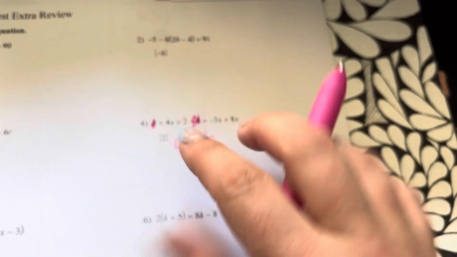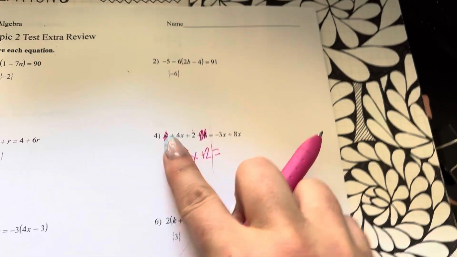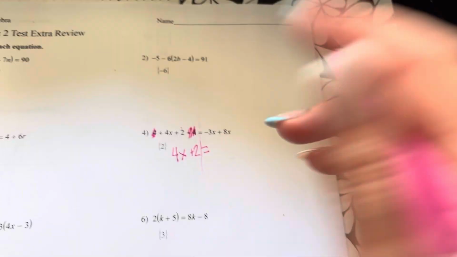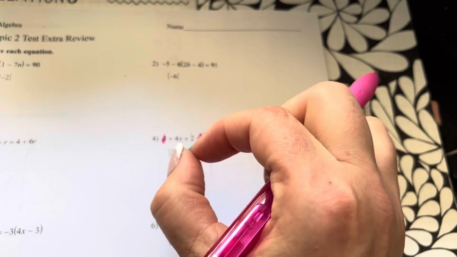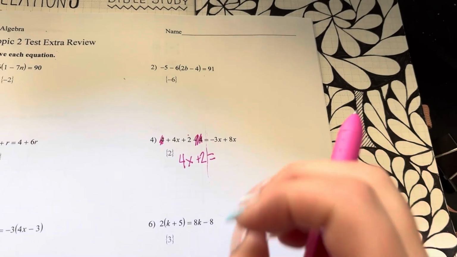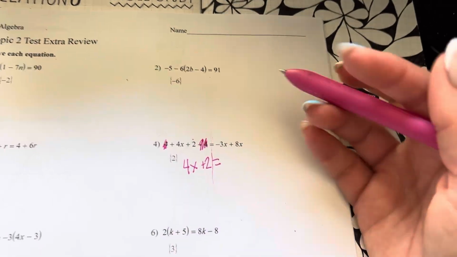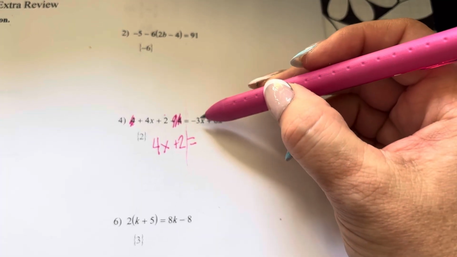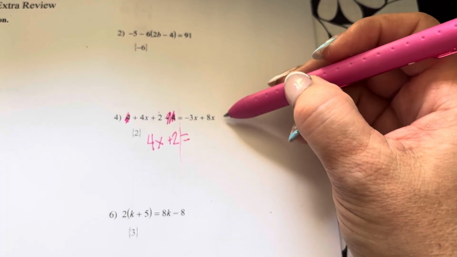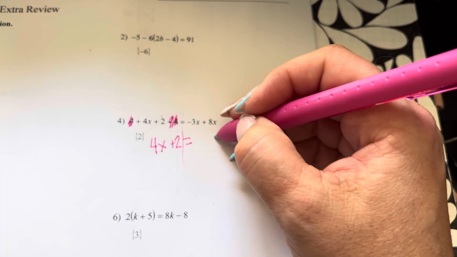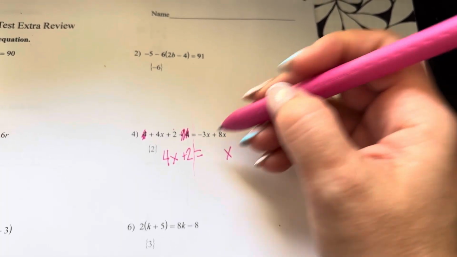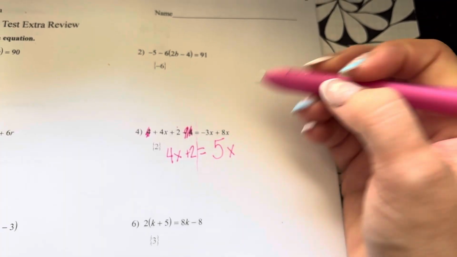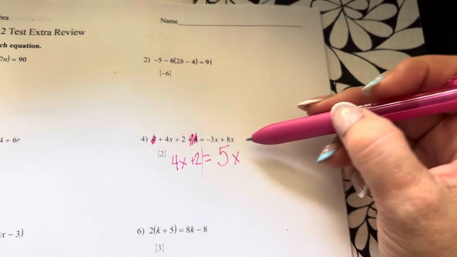Now, I scratch things out. If this is my paper, I'm going to scratch things out as I bring them together because it helps me know I got everything. All right, over here I have -3x plus 8x. Well, the x is going to stay the same, and -3 plus 8 is 5. These are integer rules.